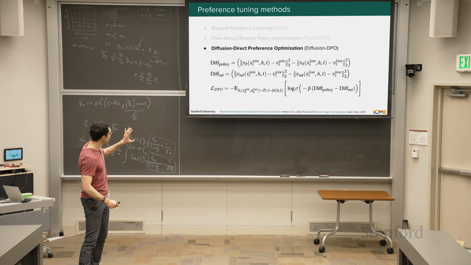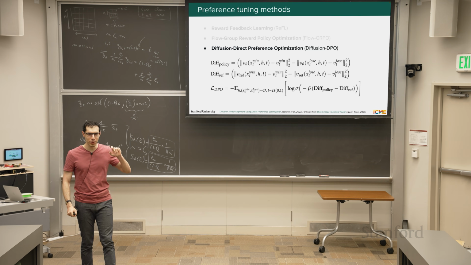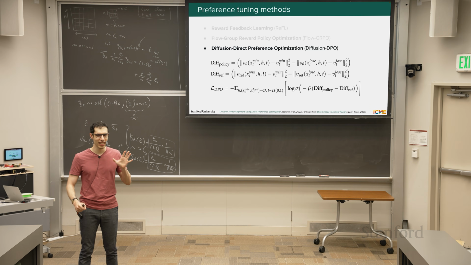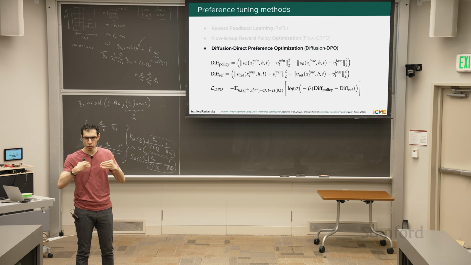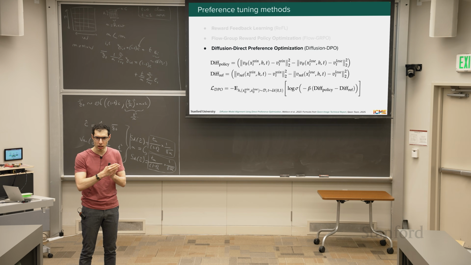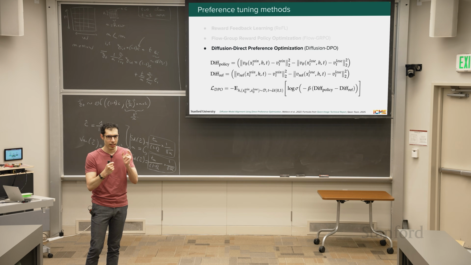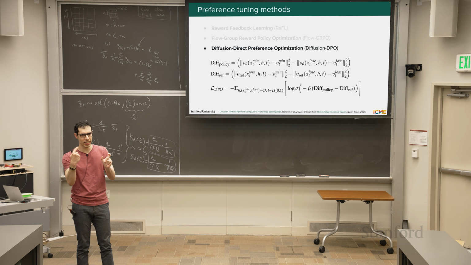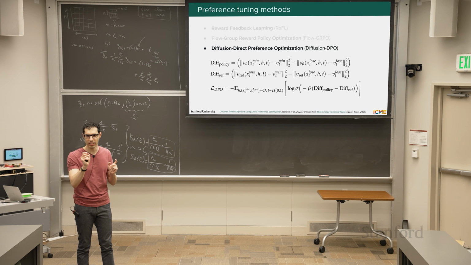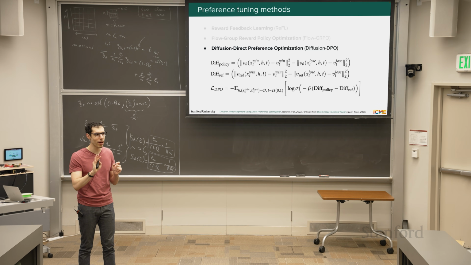What you need to take away from these three lines of equations is that you want to incentivize your model to do a better job at predicting velocities associated with winning images, and to do a worse job at predicting velocities of the bad images.